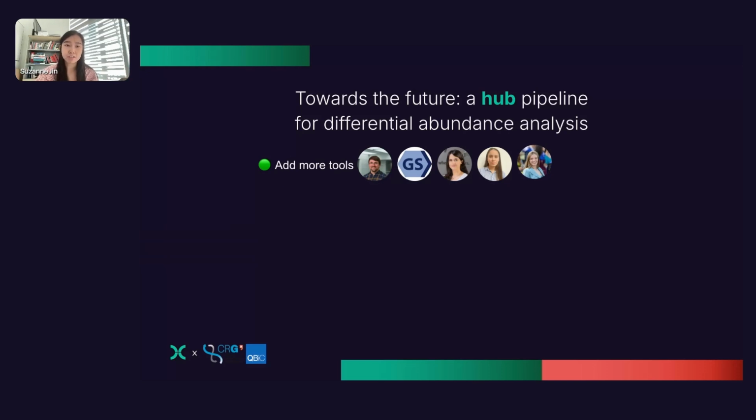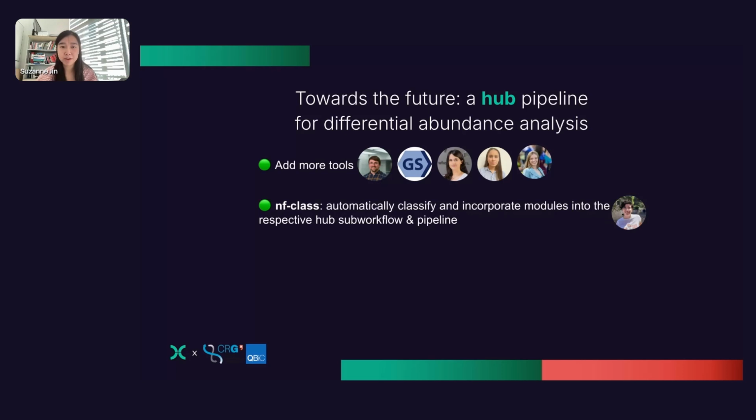Then in parallel, there's also this effort by Júlia, who is creating this NF class that can eventually help to extend the pipeline in more automatic ways, because the idea is that you will be able to automatically classify and incorporate the models into the respective hubs, workflows, and pipelines with the help of agentic AIs and CI procedures.